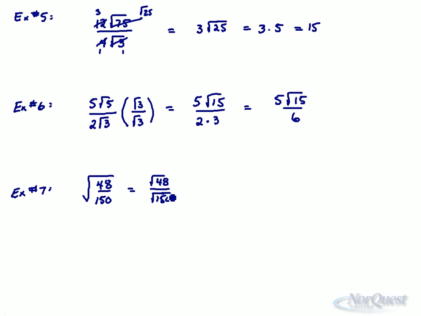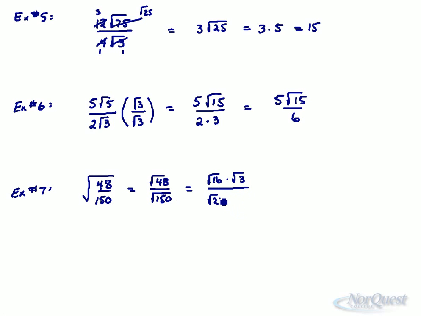Now I would like to try to simplify this if possible. Well, 48 and 150, they definitely can be simplified, the radicals. 48 is 16 times 3, so I could write this as root 16 times root 3. 150 can be written as 25 times 6.